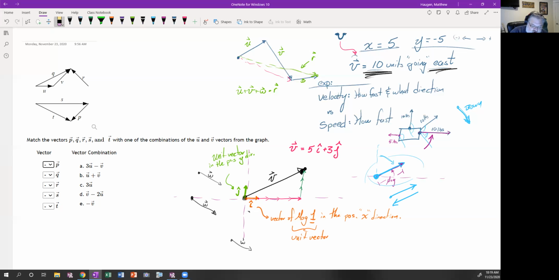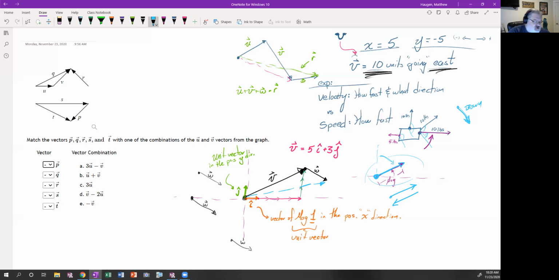Or it might be nice to put that vector w up here, so that visually representing their sum is a little bit easier using that head to tail method. Either way, it's the same vector w. Fair?